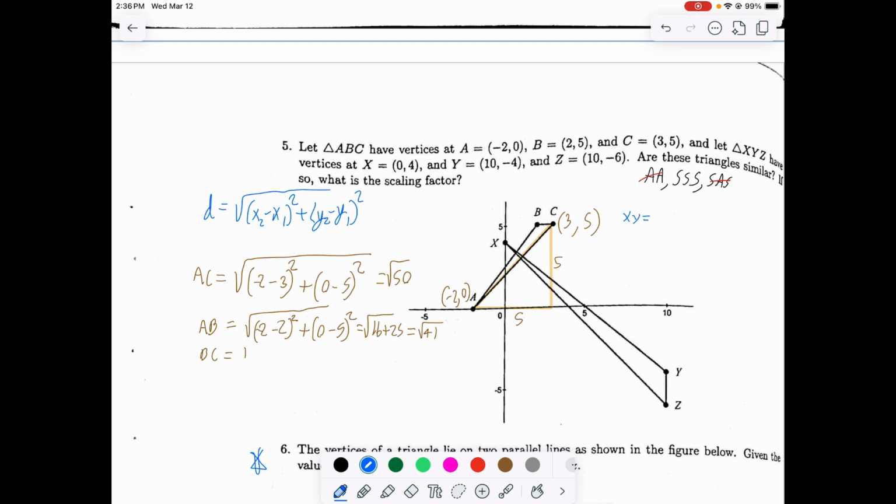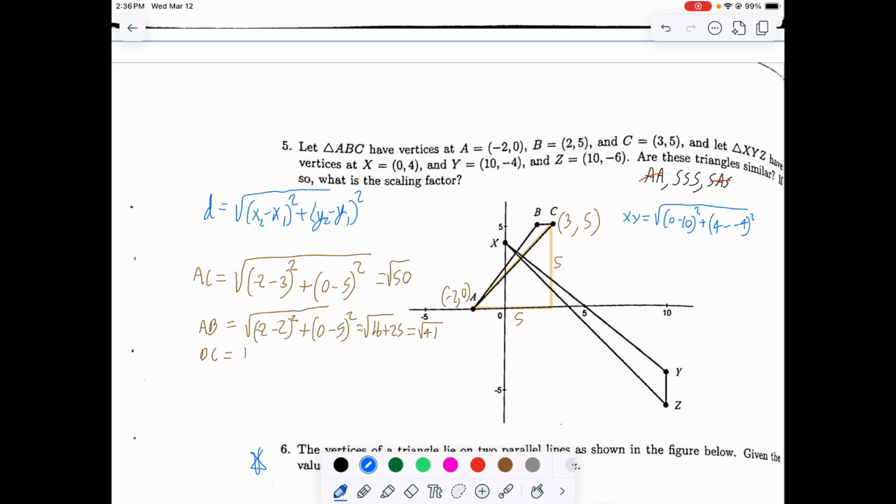So we're going to do XY right here. To do XY, we're going to go ahead and take 0, 4. This will be the square root of 0 minus negative 10 squared plus 4 minus negative 4 squared.